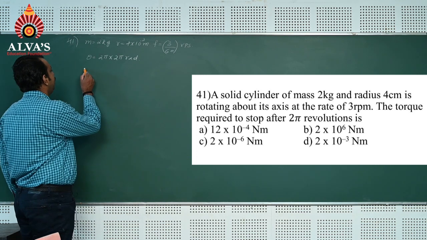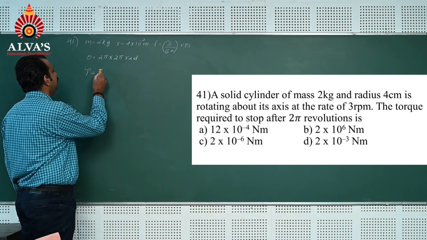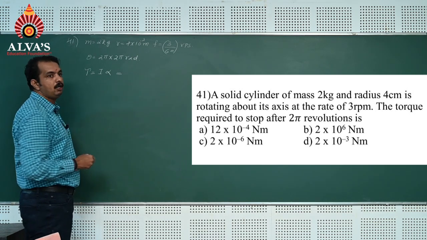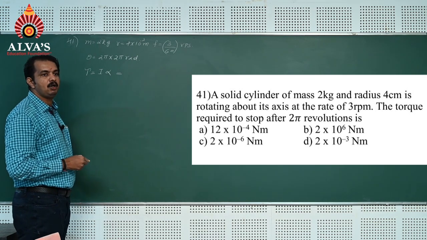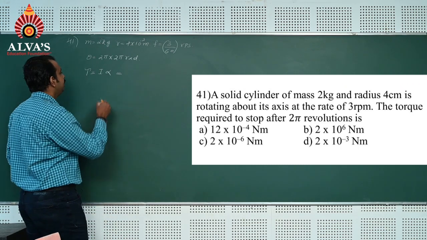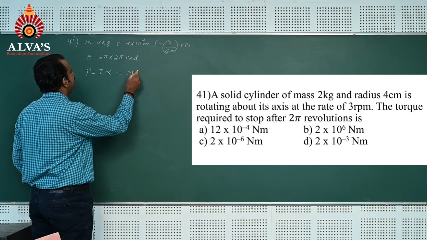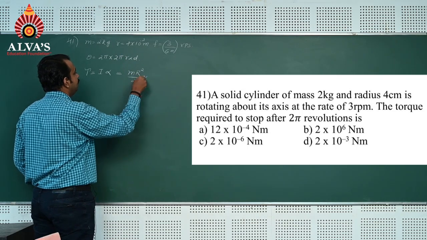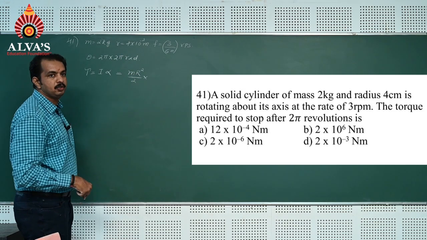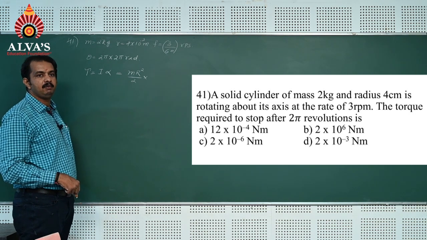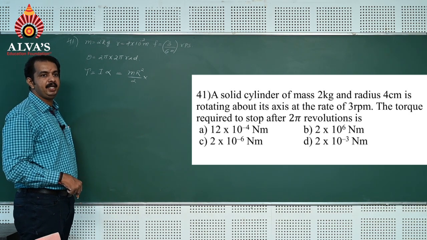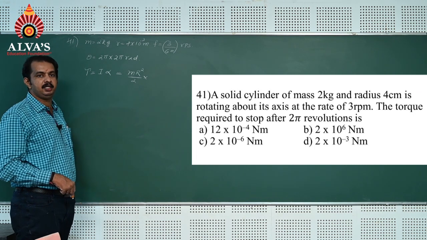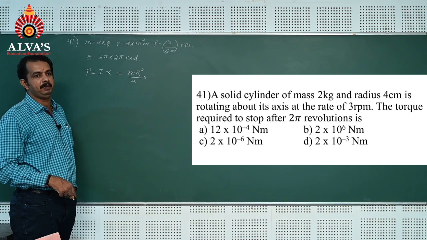Now torque can be found by using the formula torque tau is equal to I alpha. For a solid cylinder, moment of inertia is m r square by 2. Here alpha, so you know that initially the solid cylinder was rotating at the rate of 3 rpm.